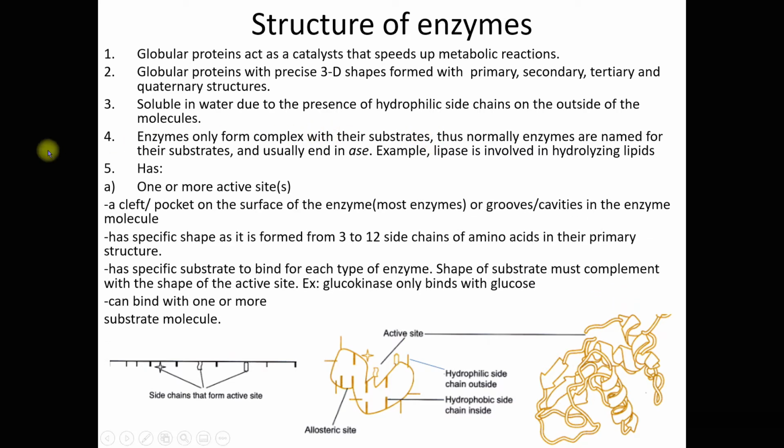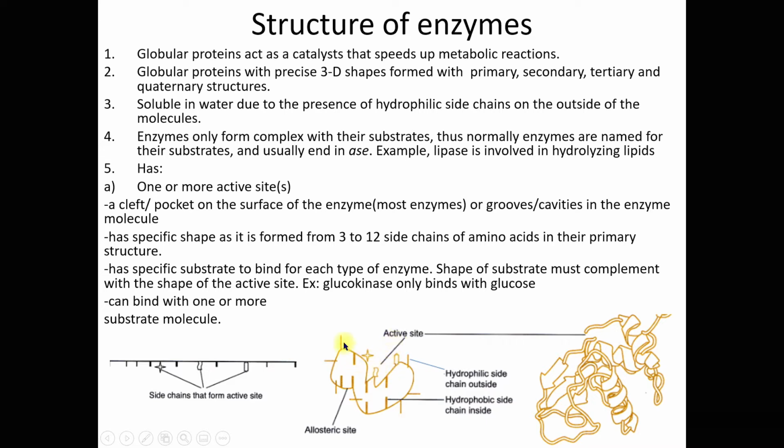Now, an enzyme has one or more active sites. This is an active site of this enzyme. If you look here, these are active sites. So one enzyme can have one or more active sites. An active site is a cleft or pocket. You can see the cleft here, pocket here, that is found on the surface of the enzyme.